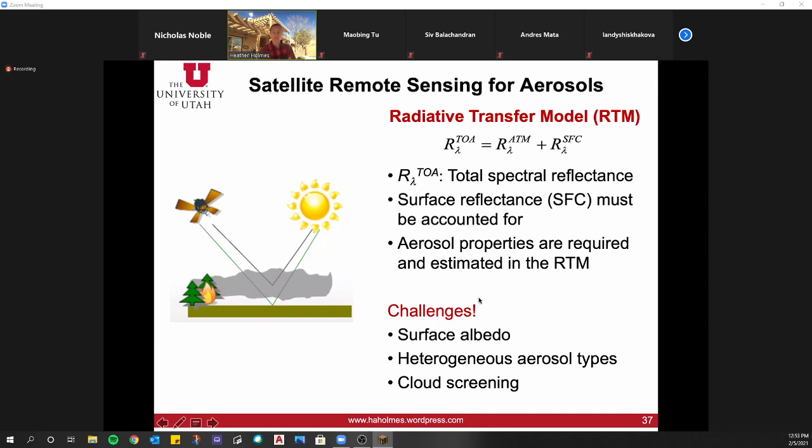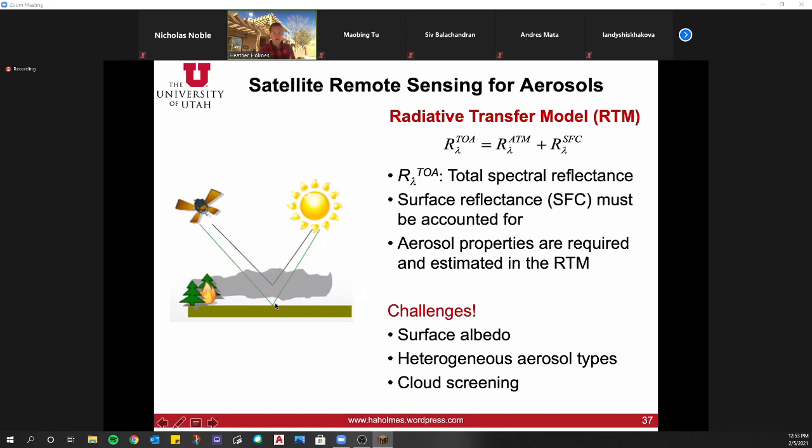Then you use a radiative transfer model to take the amount of radiation you would expect from the sun that the satellite is sensing to back out the concentration of aerosols. So it's a really heavily modeled situation when you're getting the AOD values from satellites.